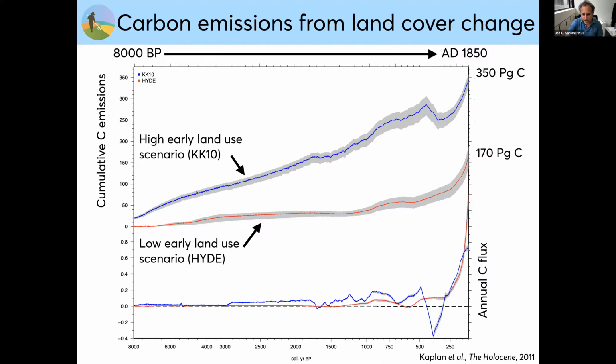If you use this high early land use scenario, my scenario, what you see is that there's a continuous emissions of greenhouse gases over this entire time, with the exception of this short period following the arrival of Europeans in the Western Hemisphere, when we have this huge land abandonment episode, when actually there's a big period of carbon uptake, but nevertheless, we emitted about 350 petagrams of carbon over this period.